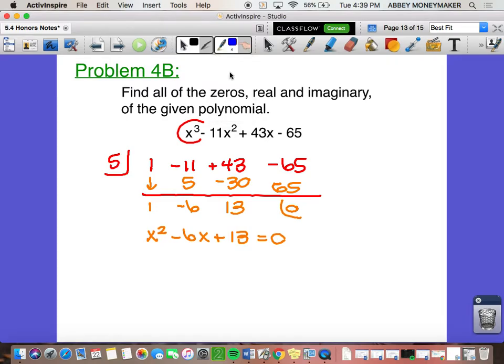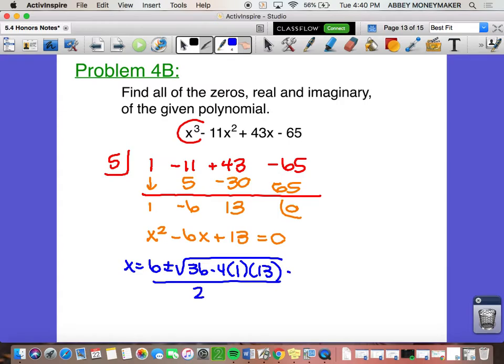X equals negative b plus or minus the square root of b squared minus 4 times a times c, and that's all over 2 times a. So I have here 6 plus or minus something over 2. 36 minus 52. I have no idea what that is off the top of my head.